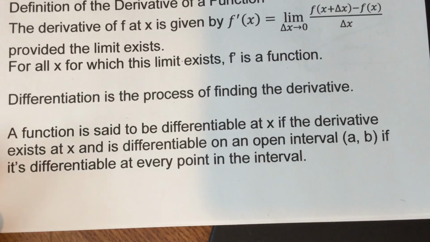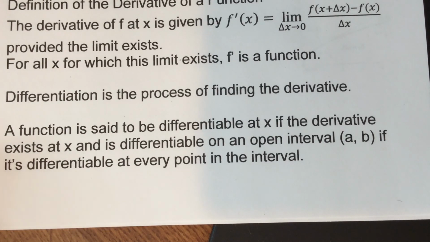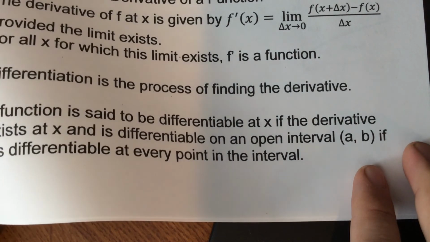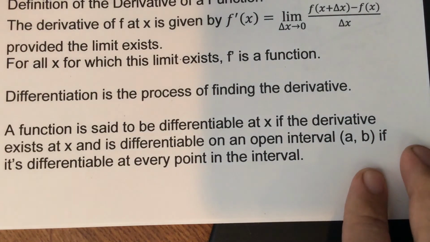And a function is said to be differentiable at x if the derivative exists at x and is differentiable on an open interval a to b if it's differentiable at every point in that interval. So as long as we can do the derivative anywhere on our graph, and we'll get into a little later of where it doesn't work, we'll be able to find the derivative of our equation and be able to find that slope then, that instant slope.